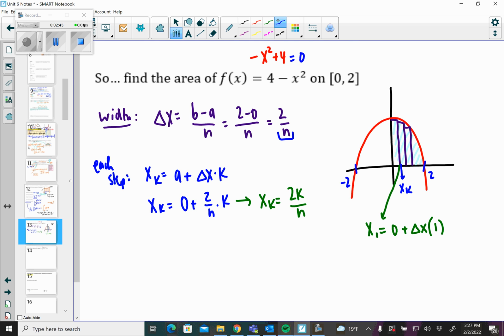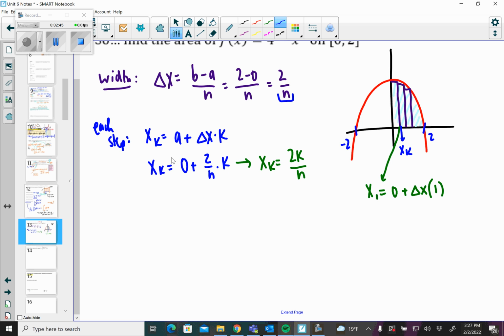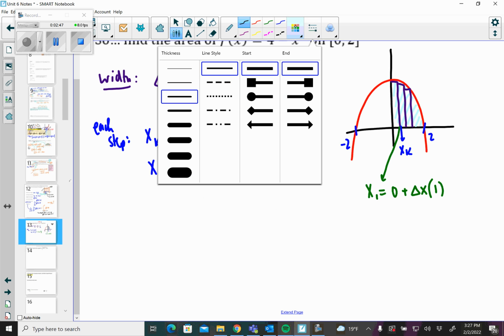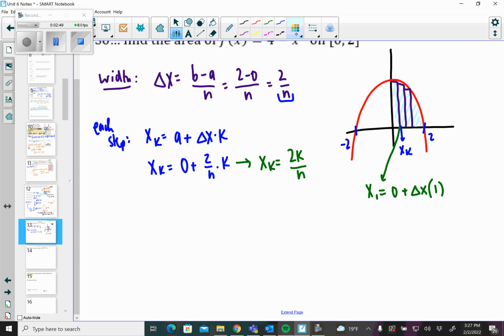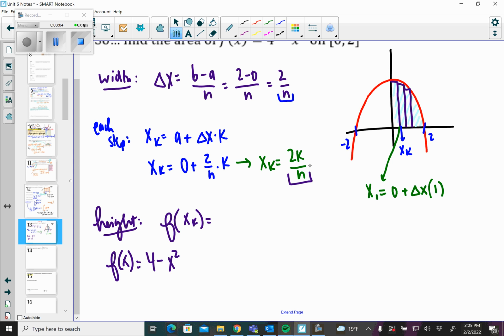This is helpful because we are able to get the height of our rectangle by finding f of x sub k. Well, our function, f of x, is 4 minus x squared. So if I take x sub k, any step on the interval, and plug it into that, I would get 4 minus 2k over n quantity squared.